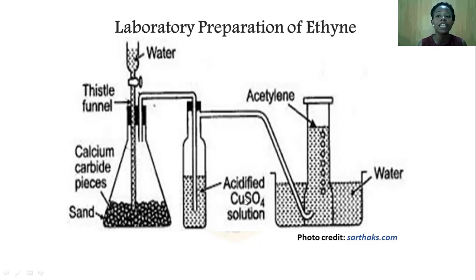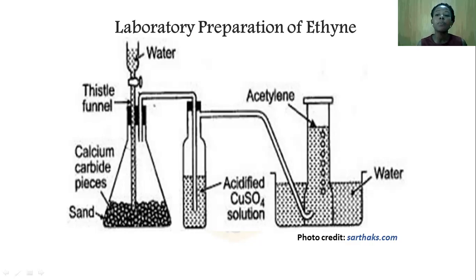Phosphine is PH3. So to remove that impurity, it is passed over acidified copper 2 tetraoxosulfate 6, so that at the end of the day you have your ethyne, which is also known as acetylene. And you have your product. That's the laboratory preparation of ethyne.